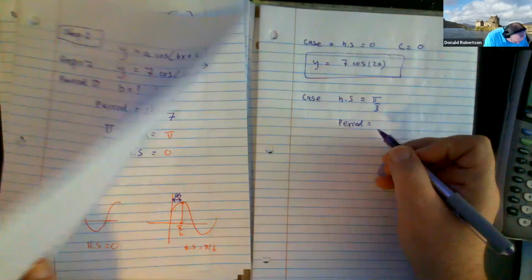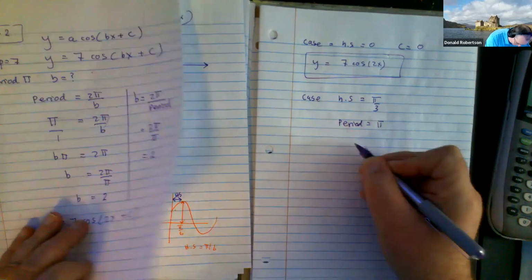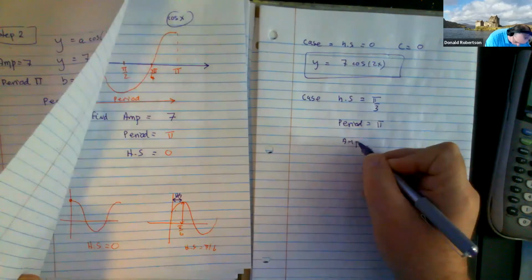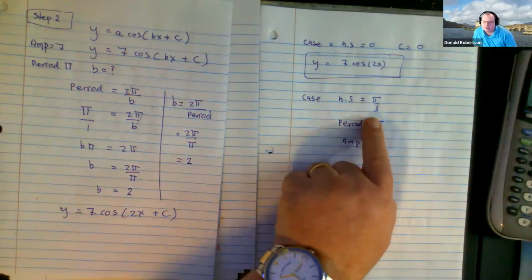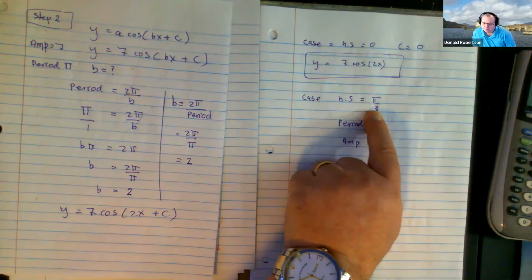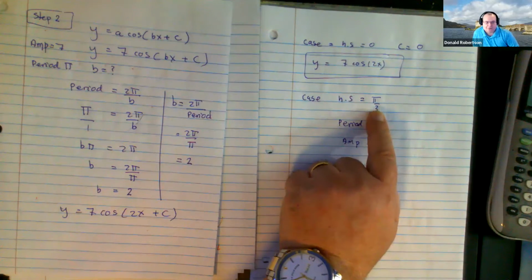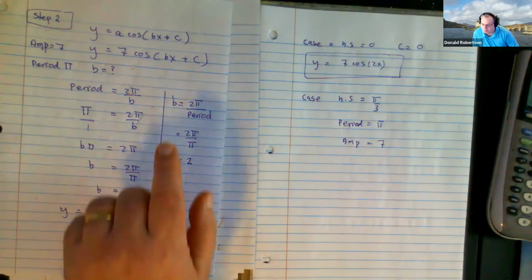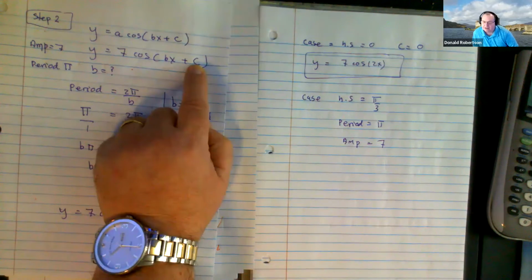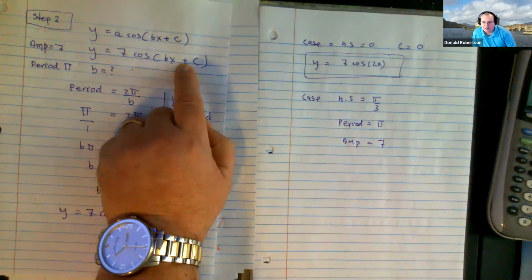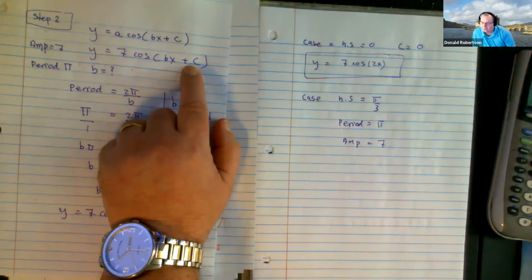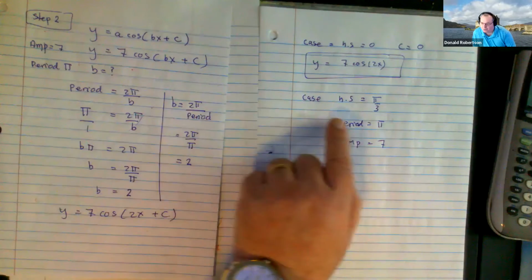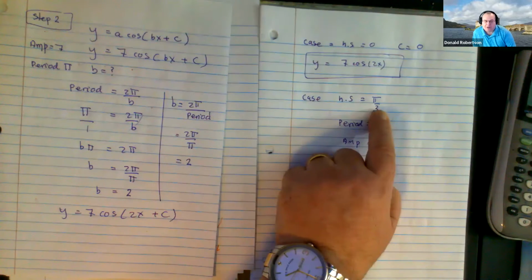So the period was still pi, and the amplitude was 7. The only thing that's now changed is the horizontal shift. That is going to make a difference. That C is now going to be a number. And it's not that guy, I wish it was. But we can find it.